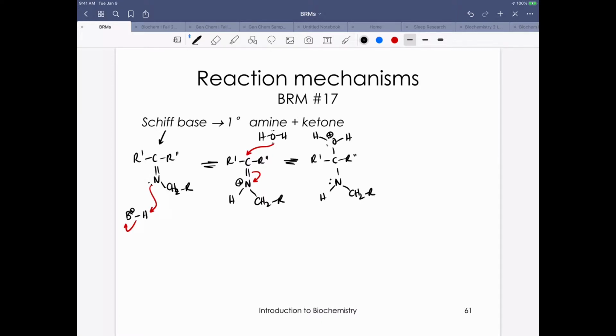All right, so here again is a species we're going to have to do some more proton rearranging with. Deprotonation up here so that this is no longer the good leaving group, and protonation down here to make the amine the good leaving group that we want it to be.